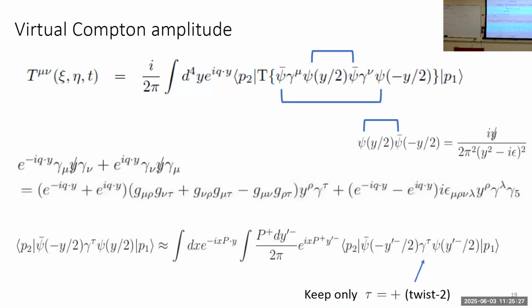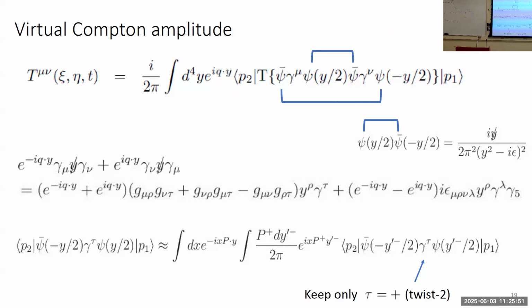So it's a correlation function of the electromagnetic current operator. So it's very similar to the structure function in DIS. The only difference is that the final state and the initial state have different momentum. This is exclusive. This is an amplitude. It's not a cross section. So this is a Compton amplitude, and I want to analyze this using perturbative QCD.